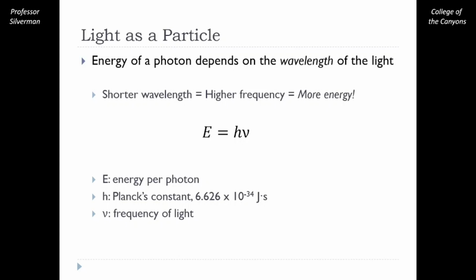The energy of our light is exactly proportional to the frequency of that light. Or in other words, as our frequency gets smaller, that tempo gets slower, our waves have less energy.